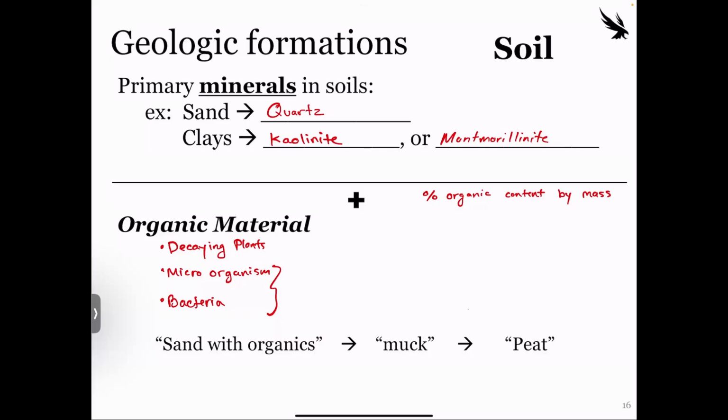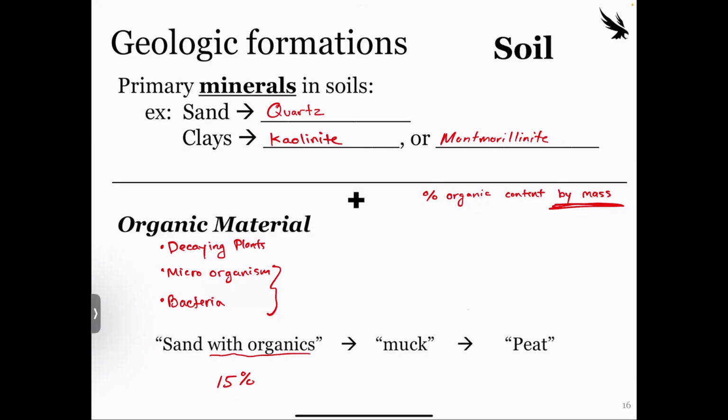Some of the definitions that you might see, and different organizations like the Florida Department of Transportation have different definitions, but if you hear the words "with organics," usually this is somewhere around 15% organic content, which is a lot if you think about it. Remember, this is all by mass. So if we had a softball size of quartz versus a softball size of a plant, which one do you think weighs more?